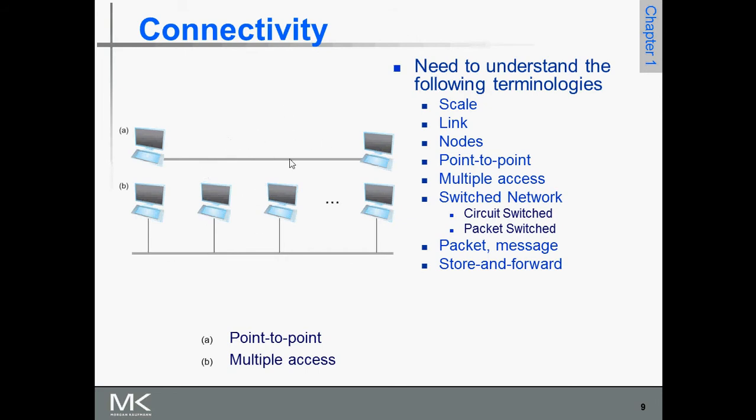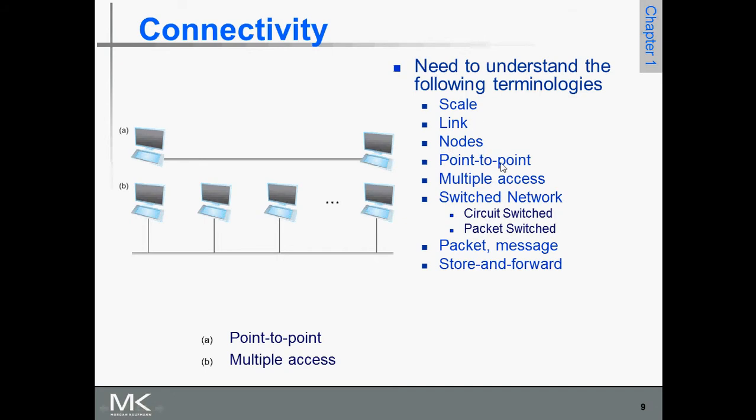Now, what is meant by nodes? Nodes are nothing but the end devices that this physical link connects. In this picture, the nodes are computers, and even the switches and routers, everything is called nodes.